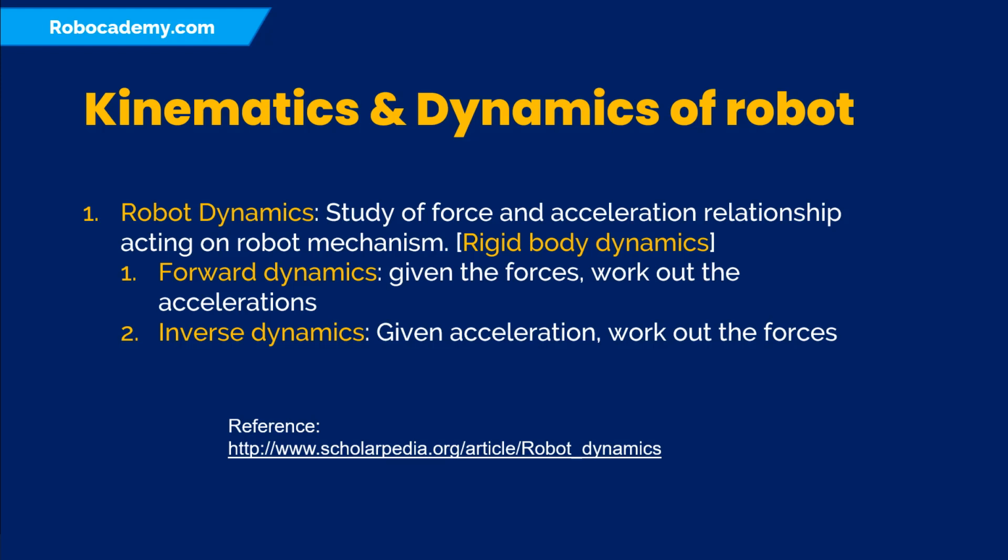We directly give the forces in each joint, and it computes the acceleration. Inverse dynamics is where we give the acceleration of the end effector or a joint, and it works out the force required in each joint to move the joints. So these are the two terminologies, kinematics and dynamics.